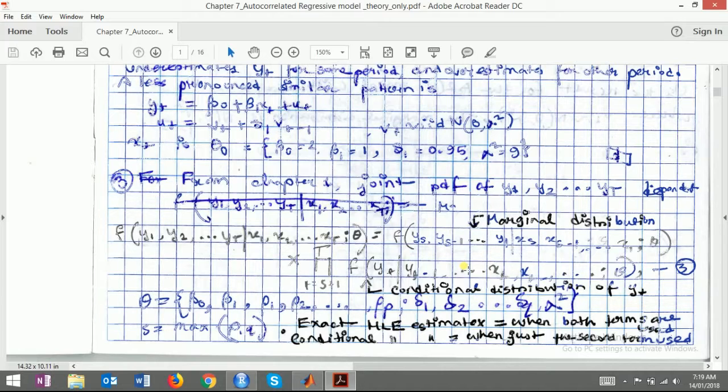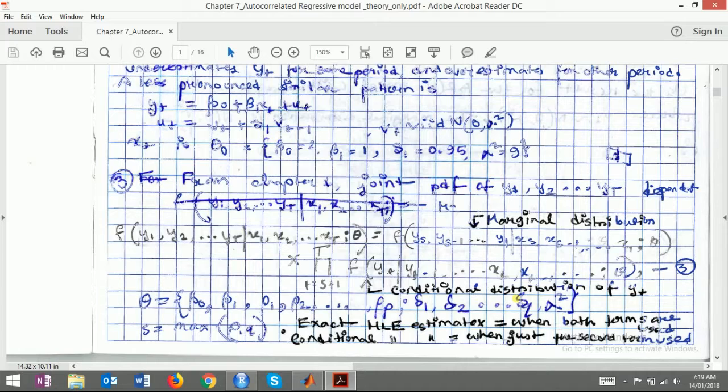So this is a backward propagation conditional upon xs minus 1 up until x1 for all theta parameters. This portion of the joint probability density function is called a marginal distribution. This is called joint probability density function because marginal distribution will add up with conditional distribution.